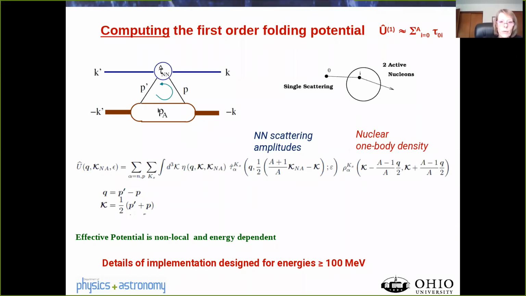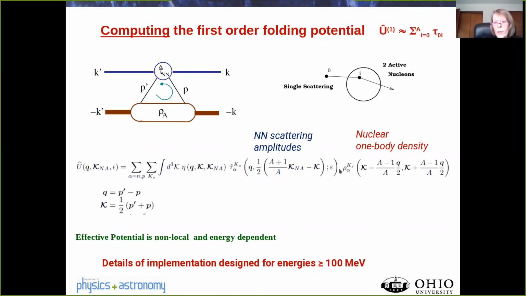I wrote the variables like here, but we are using variables. One variable is always the momentum transfer, and the other variable is the average momentum. So I have to integrate over this. This is the NN scattering amplitude, or the potential, depending on the form we are using.